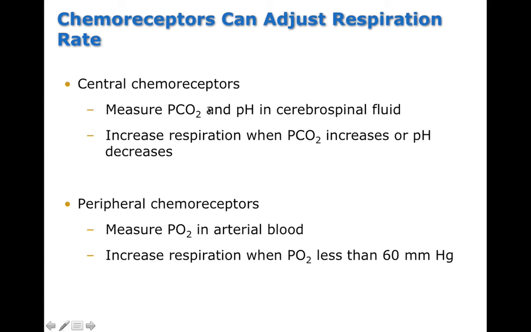So if PCO2 levels rise or your pH changes, then these receptors can provide information to your brainstem about that concentration change. Now, the peripheral chemoreceptors sense or receive information about changes in O2. So the peripheral chemoreceptors would be located like in the carotid bodies or your aorta, so that if PO2 levels are too low, then that can cause an increase in ventilation. That way you get more oxygen into your bloodstream.